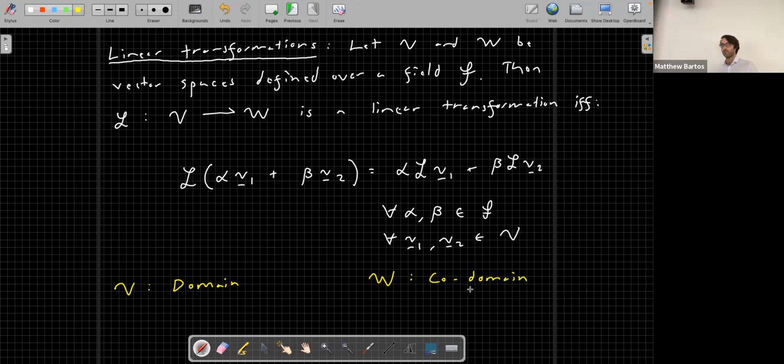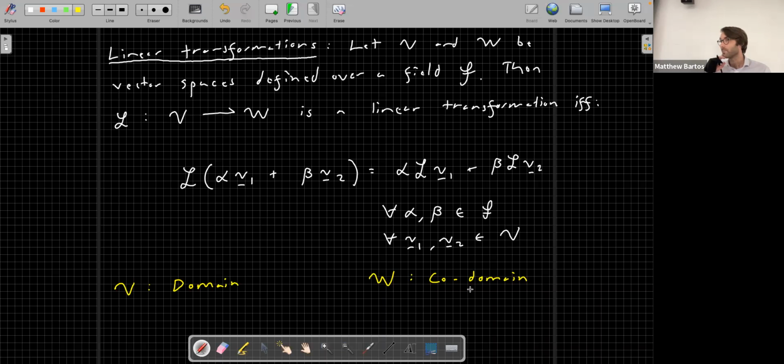So these pieces of terminology are important. These basically correspond to the idea of a domain that you learned in algebra, going all the way back when you first learned it. Basically, V is the set of vectors to which you apply the linear transformation, and the codomain is the set of vectors that you reach by applying that linear transformation.